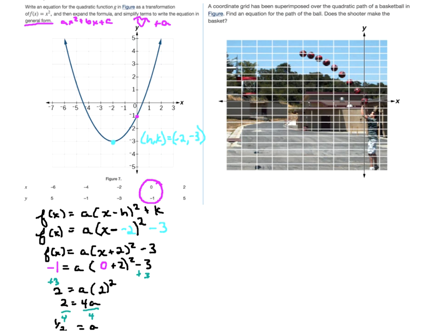I am not going to have room to work this, so here's what I'm going to do. I am going to grab this problem and give myself a new page and paste that one here.